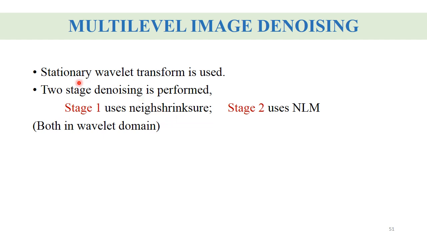In this case, stationary wavelet transform is being used. In the previous method it was the discrete wavelet transform. In this particular case it is the stationary wavelet transform. This is going to consume more memory and hold more information, and that information is required for us.